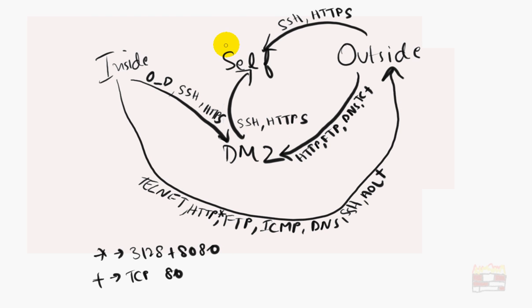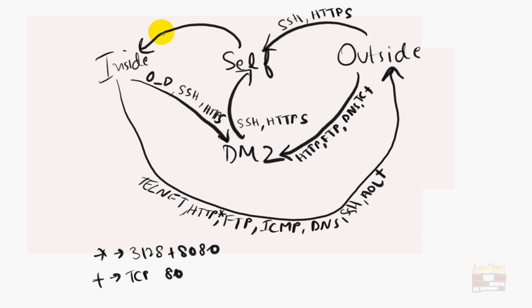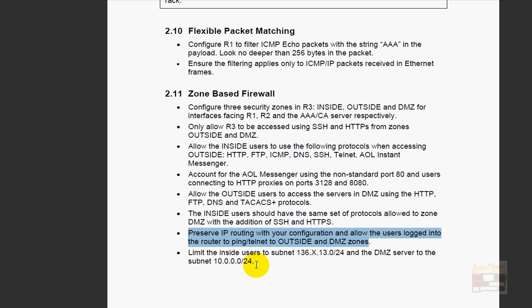So from the self zone they should be able to ping, telnet, and limit the users on the subnet 136.1.13.0 on the DMZ server to 10.0.0.0. Okay, these can be represented on the diagram.